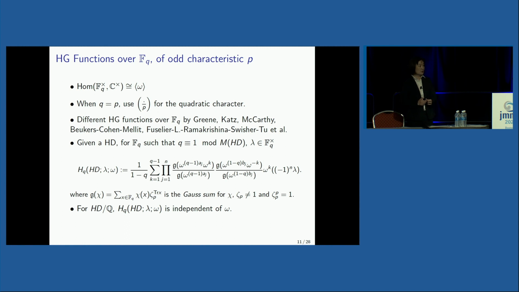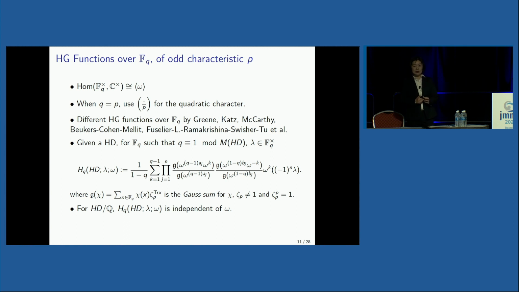And for the purpose of my talk, I'm going to just introduce one of the formulations which is useful, if the size of the finite field is 1 modulo the level of the hypergeometric datum. For lambda inside the finite field, which is invertible, you can define the hypergeometric character sum, which is parallel to the classical setting, where everywhere you see a gamma function, you replace it by a Gauss sum.